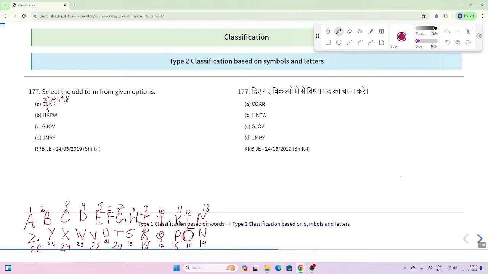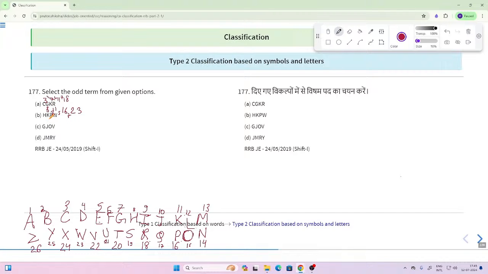H is 8, K is 11. What I'm doing here is converting each of these letters into its alphabetical position. P is 16, W is 23. So we have a 3, 5, 7 difference. Whatever this one is, if it matches one of these, the other one is probably wrong.